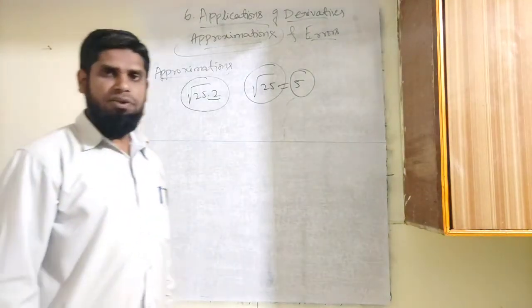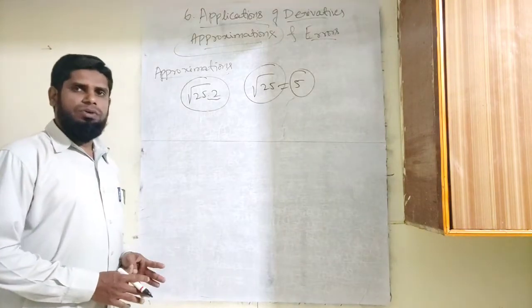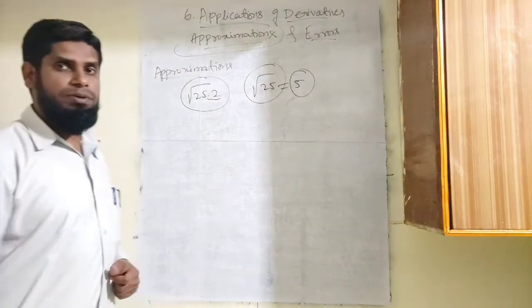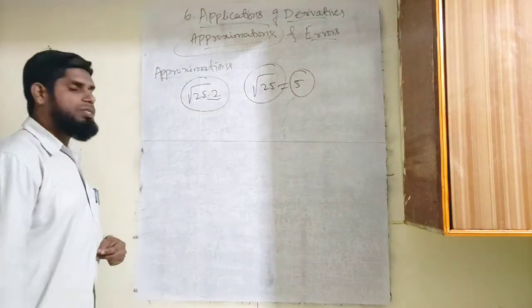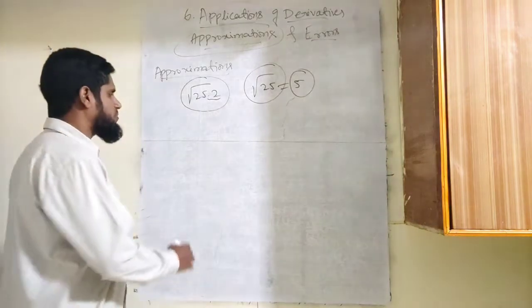Then how exactly will we find the approximations? Student, here in approximations, we will take the definition of derivatives. In our first PUC, we studied derivatives by the help of the first principle method.